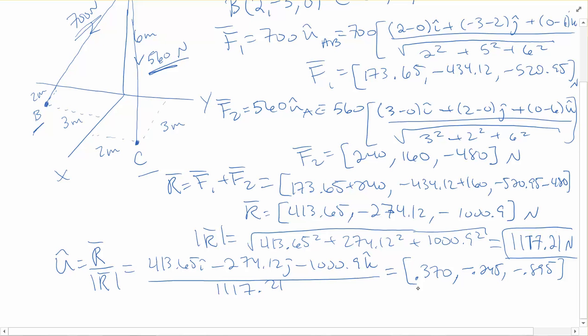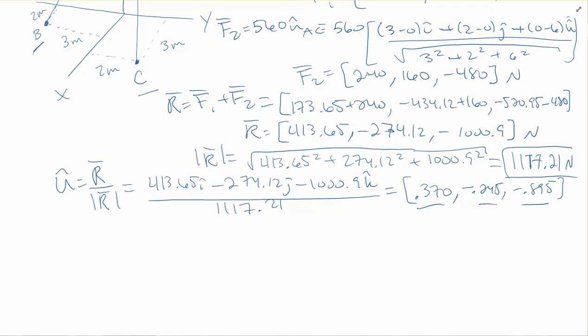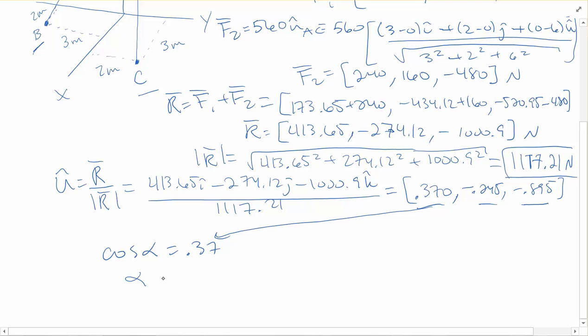Now we'll use these three components to get alpha, beta, and gamma. Remember, alpha is the angle we can find from the x component, because alpha is the angle between the positive x-axis and the force. So cosine alpha is 0.37, where the 0.37 is from here. You do the arc cosine of 0.37 and you end up getting 68.28 degrees.